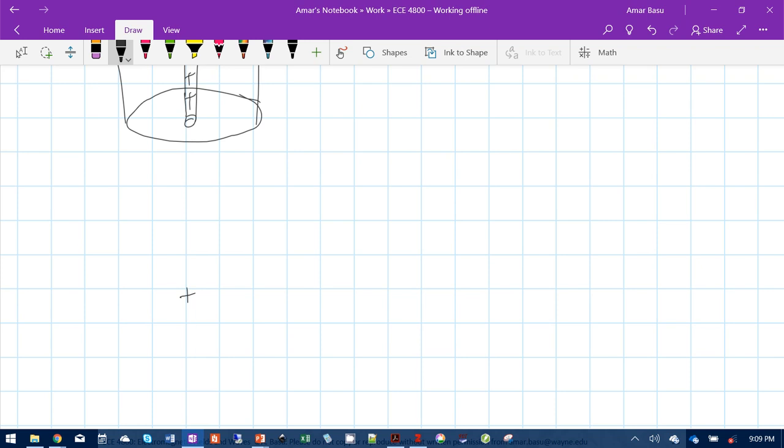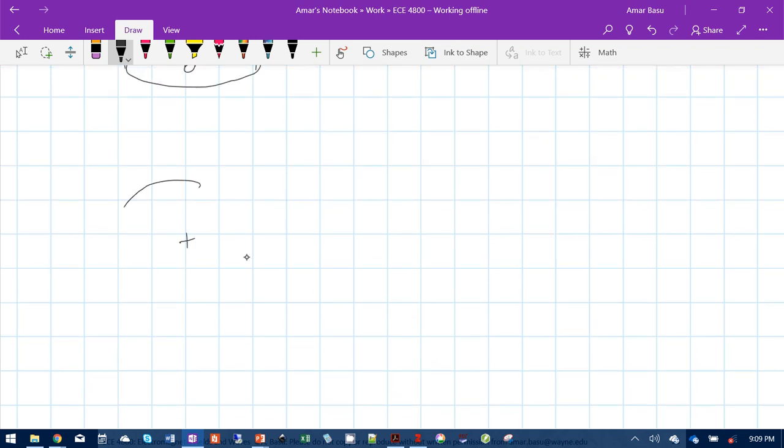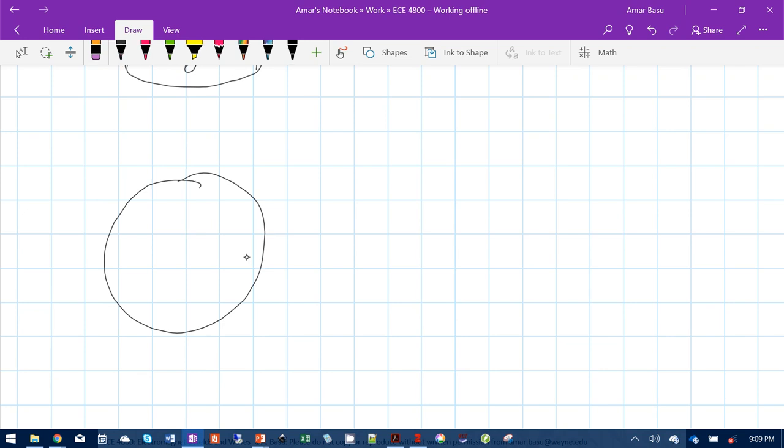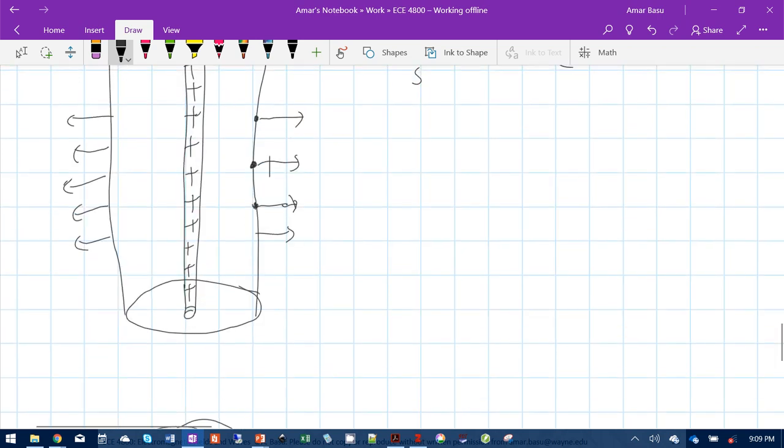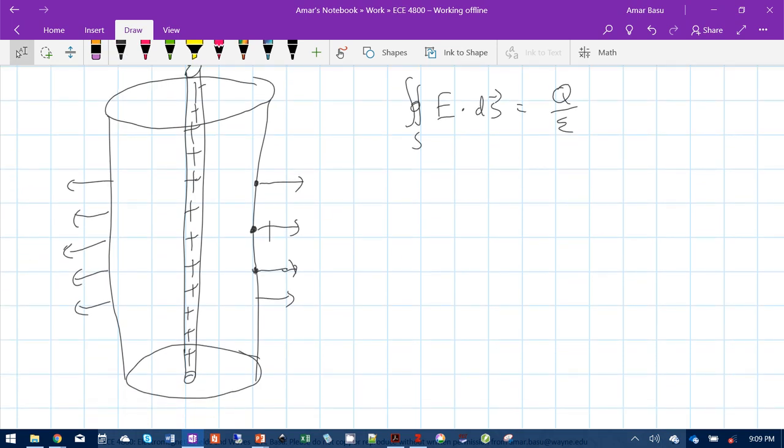A sphere, exactly. If the charge is right in the middle of it, then you can imagine that the electric field at every point on the sphere would be the same. Same thing for this problem here. If you have a line of charge, every point along that cylinder will have the same electric field. If you know that symmetry and you can draw the Gaussian surface, then the math becomes super easy.